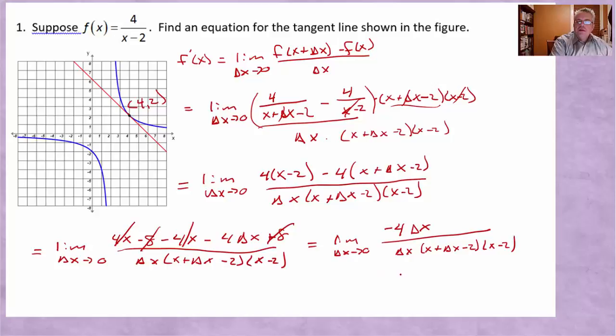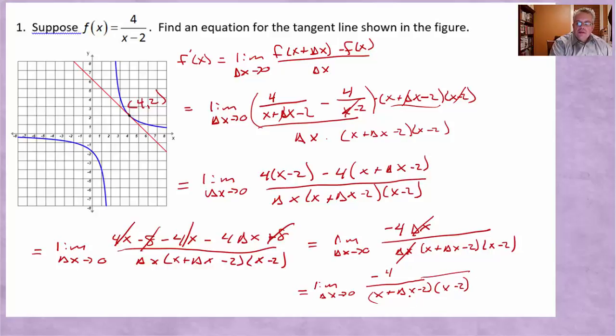Now, we're almost there. Delta x is a factor of the numerator because it's negative 4 times delta x. It's also a factor of the denominator. The denominator has 3 factors: delta x, this first quantity in parentheses, and the second quantity in parentheses. So since delta x is a factor, I can cancel it. And I'm left with the limit as delta x goes to 0 of negative 4 over x plus delta x minus 2 times x minus 2.